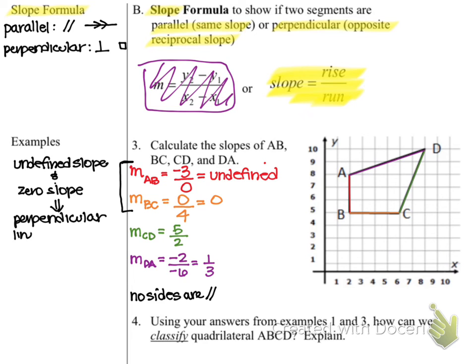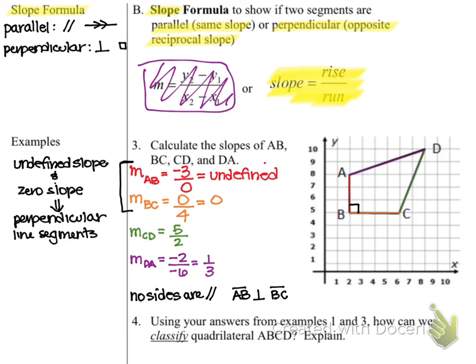Perpendicular line segments. So that means that line AB is perpendicular to line BC. As a reminder, perpendicular means it's 90 degrees. So let's go to the picture. We're going to put a box where AB and BC hit each other. So that's 90 degrees. Okay.